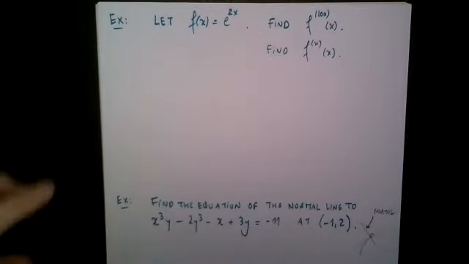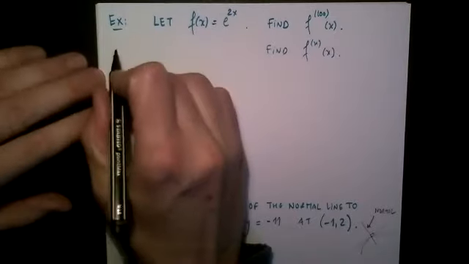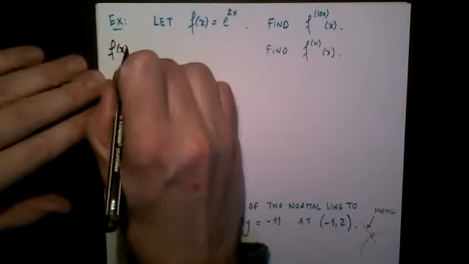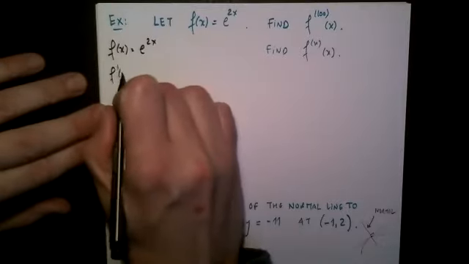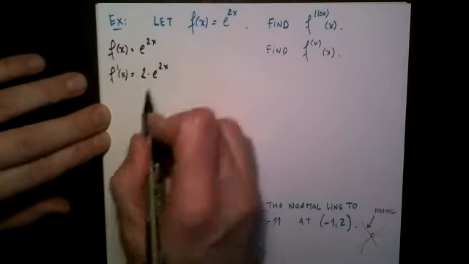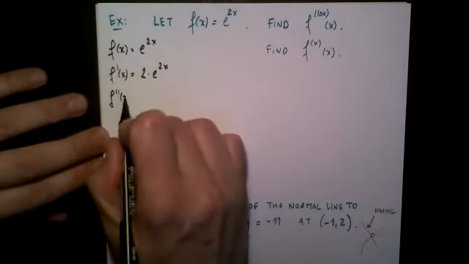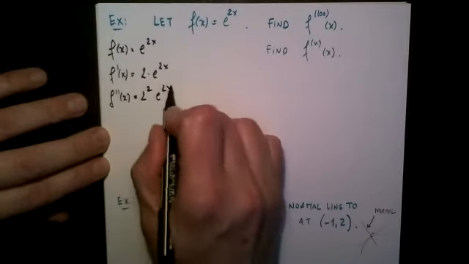So the idea for the first one here is just to do a few derivatives until we recognize a pattern. Of course we have f of x is e to the 2x. F prime of x will be 2 times e to the 2x. F double prime of x will be 2 to the power 2 e to the 2x.